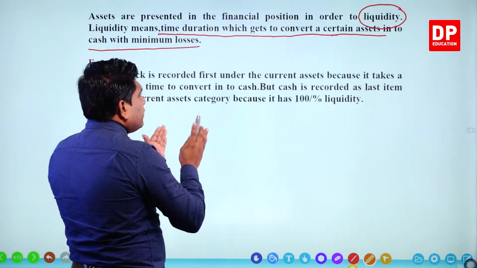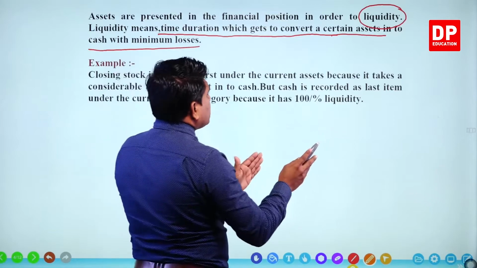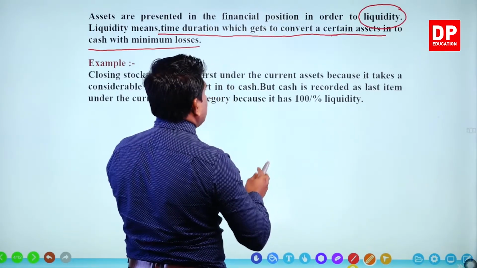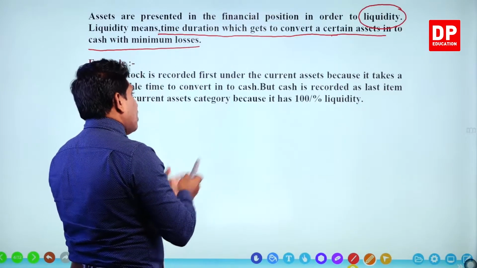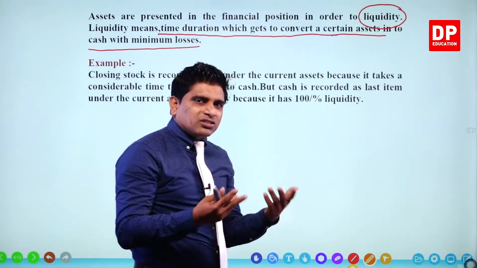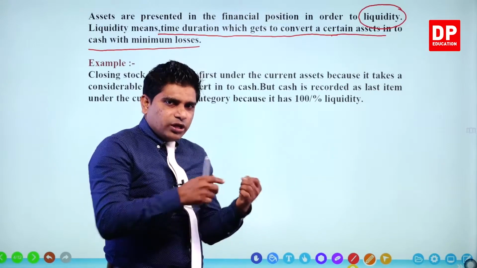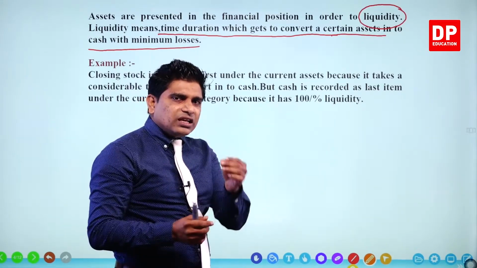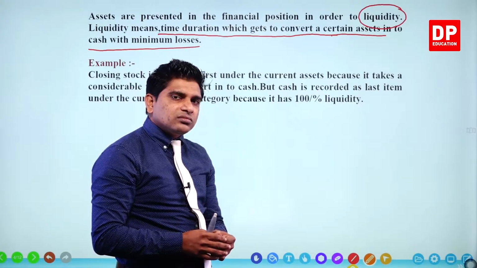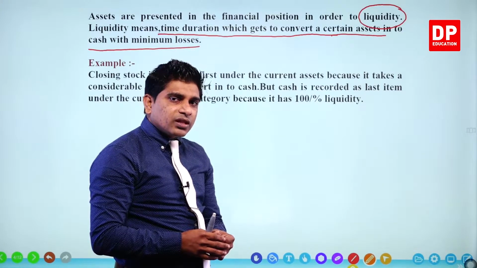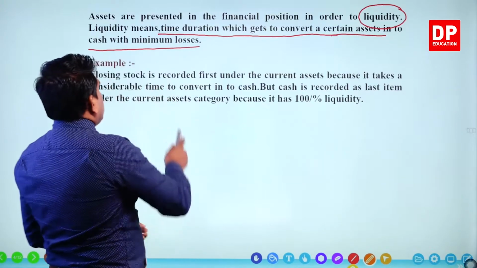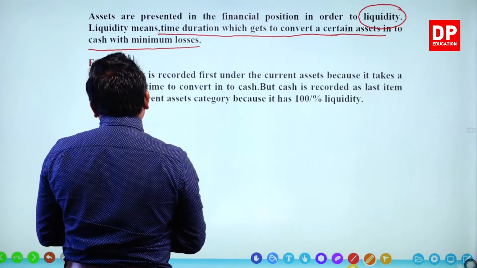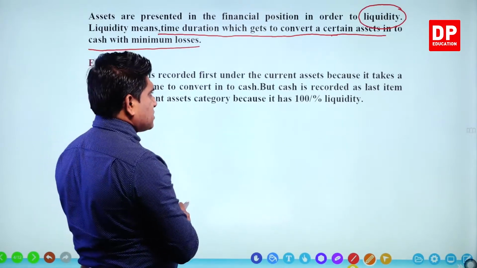If you are going to convert your land into cash, it will take more time. Then you sell your closing stock. Closing stock is the available, remaining stock in your business. Today you have it, you can sell it tomorrow or the day after tomorrow. It will take a short time, right? Liquidity: the time duration it takes to convert a certain asset into cash with minimum losses.